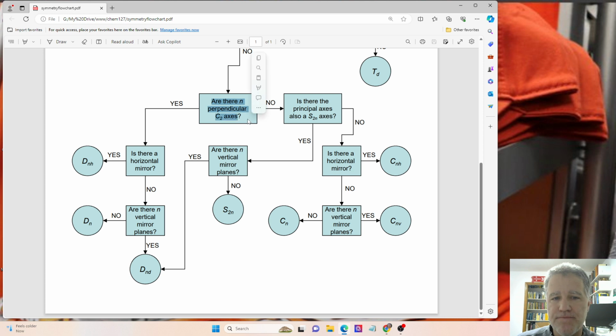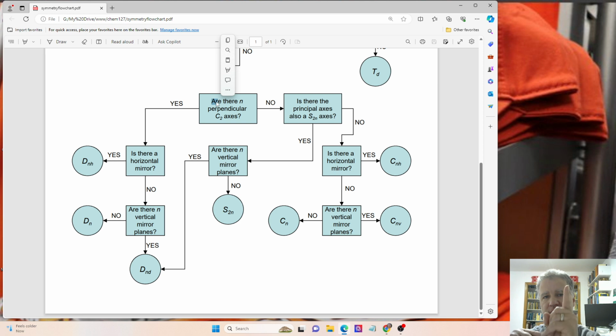So let's look here now. Are there n perpendicular, and this is what's confusing. I didn't have enough space in this box, so I always have to explain this a little bit. If you've got your principal axes and you orient it straight up, what we're doing is looking for C2 axes that are in the plane that is perpendicular.